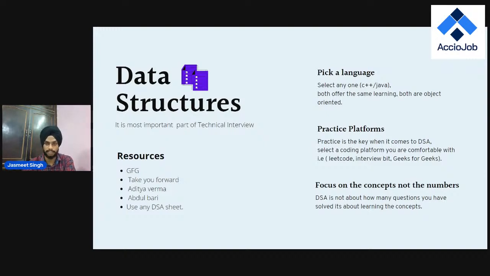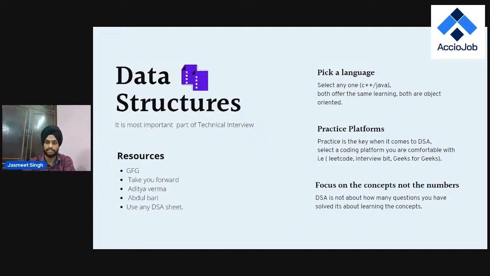What is the main syntax that the language follows? That is your second step. I won't recommend getting professional knowledge in it, but you should have your basics clear so that you are able to cope with the next part, that is learning data structures.